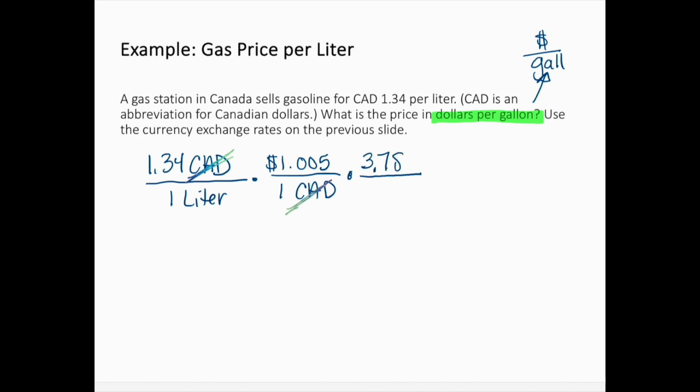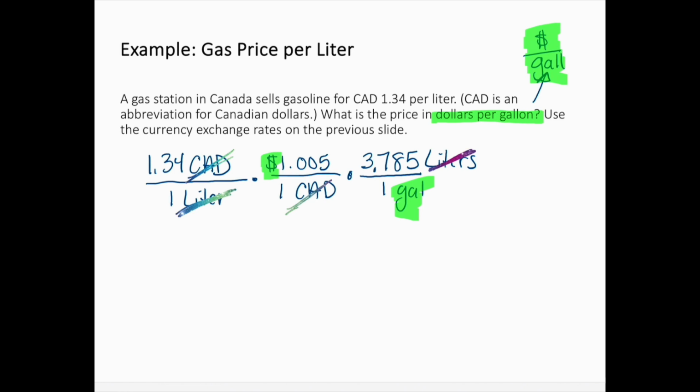So I'm going to put 3.785 liters, and that gives me 1 gallon. Now, because liters here is in the bottom and liters here is in the top, they're on the opposite sides of the fraction bar, so I can get rid of them. And now the only units that are left is dollars per gallon. Dollars on the top, gallons in the bottom, which is exactly what we wanted.